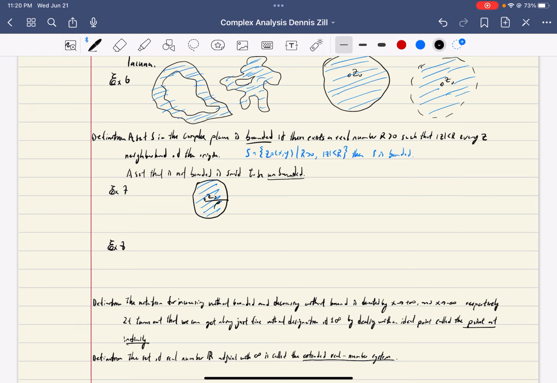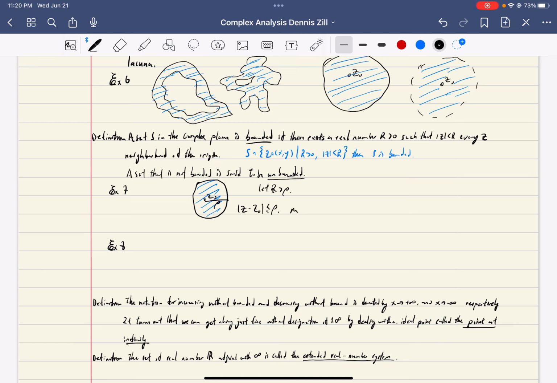And if we let r be greater than ρ, because we know that |z - z0| is less than or equal to ρ.